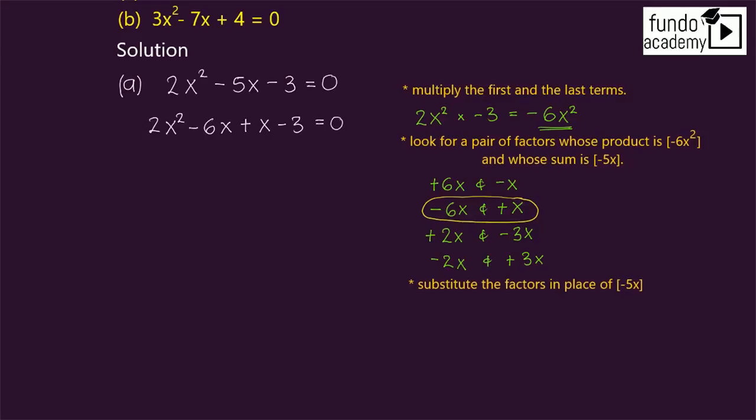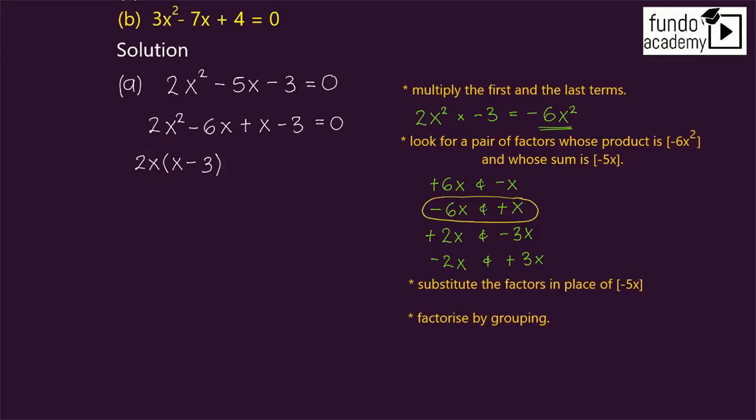Next, we factorize by grouping the terms. Grouping these two terms, the common factor right here is 2x. So we factor out 2x and we divide 2x into 2x squared. That gives us x, and 2x into minus 6x, we get minus 3.